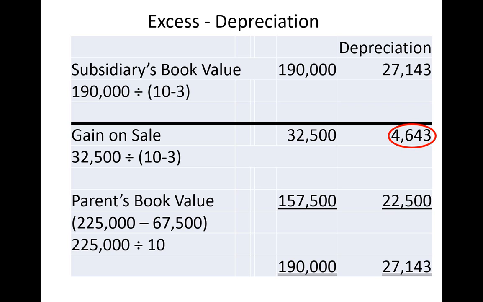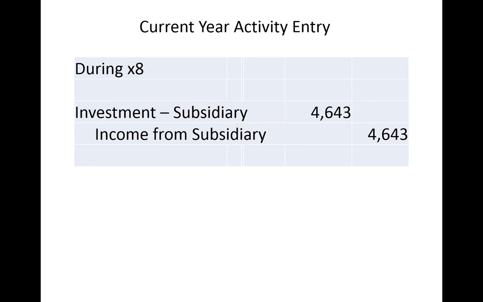And that is $22,500. So each and every year that the sub continues to hold this equipment, we're going to have to make an entry to account for this excess depreciation. So we'll do that for year 7 all the way through to the end of 10 years, or 7 more years. And what we're going to do is debit investment in subsidiary, credit income from sub for $46.43.